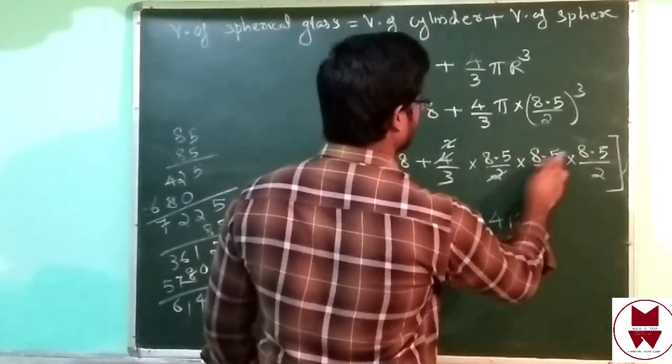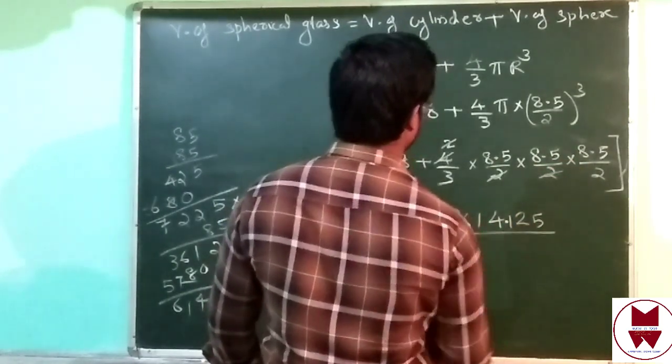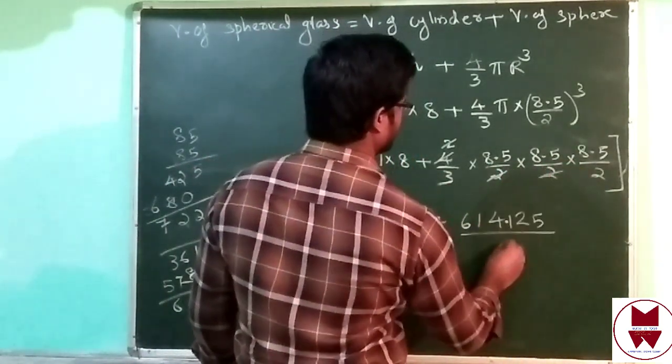Then after 614.125, divide by 3 into 2, that is 6.